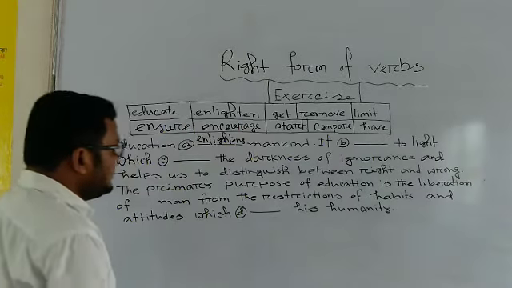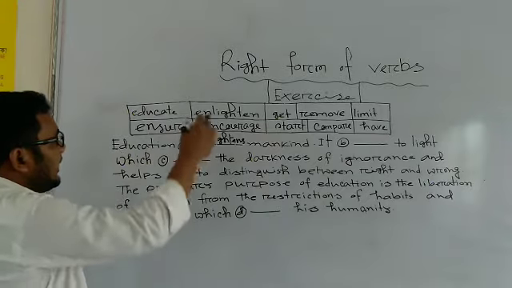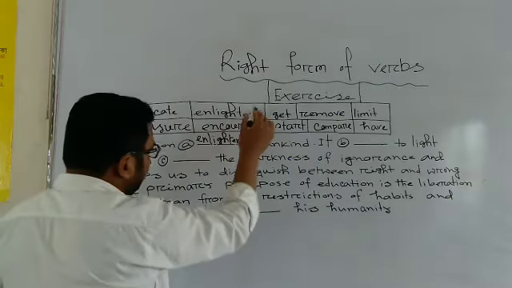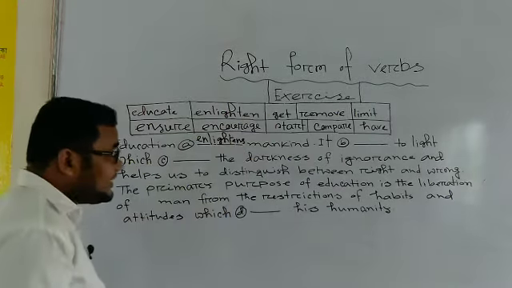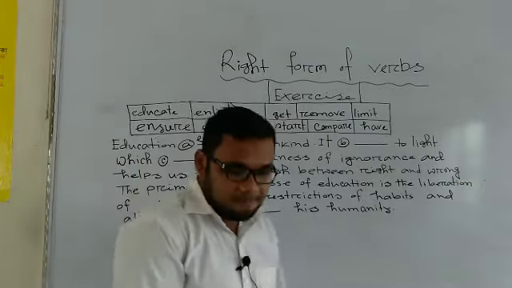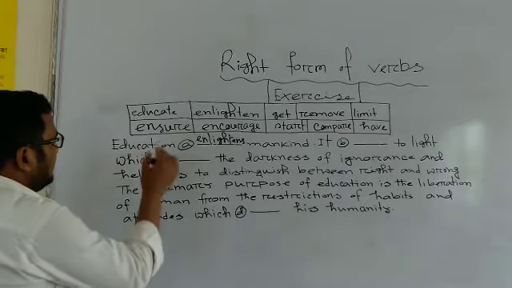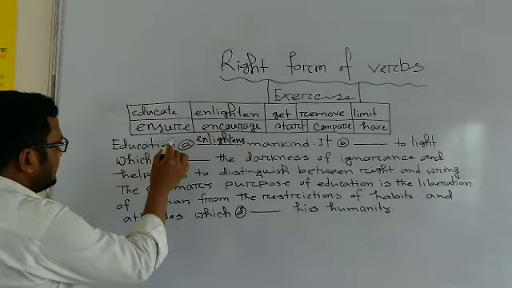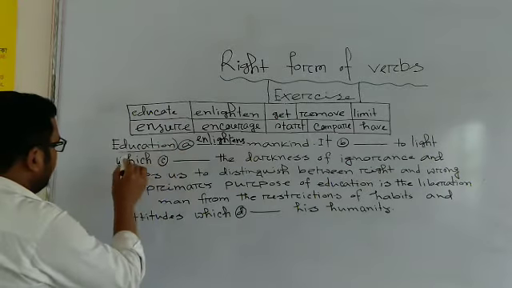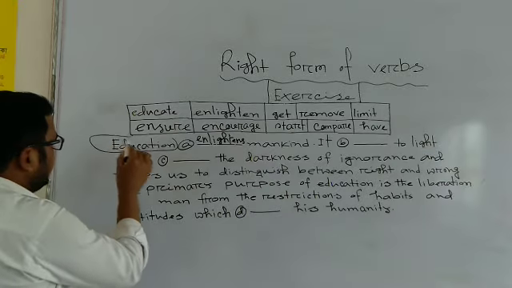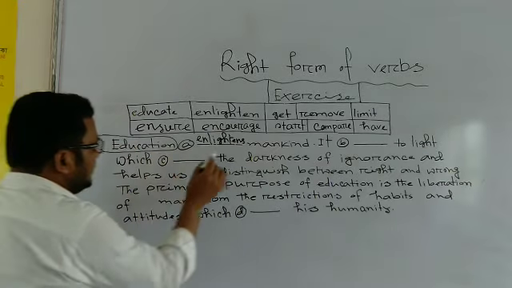But it is important to say that in the box it is mentioned enlighten, but I write down here enlightens. So what is the reason behind it? Whenever it is present indefinite tense, if the subject is third person singular number, then you need to use s or es at the end of the verb.